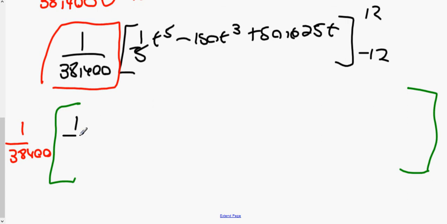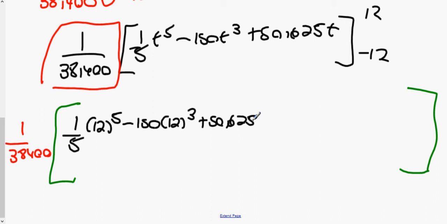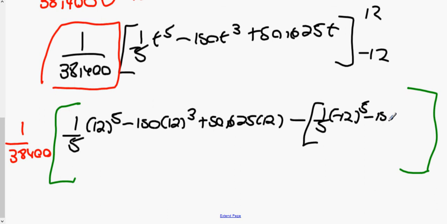What's in this green bracket is this: 1 over 5 times 12 to the power 5, minus 150 times 12 to the power 3, plus 50,625 multiplied by 12. And that's going to be minus whatever's in this bracket, which is a fifth times minus 12 to the power 5, then minus 150 times minus 12 to the power 3, plus 50,625 multiplied by minus 12.